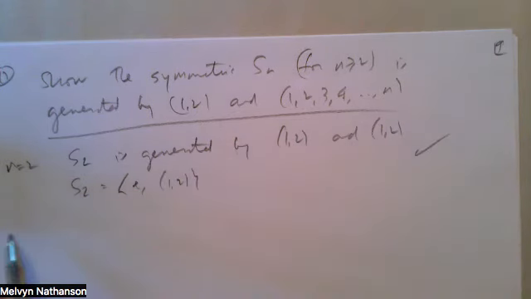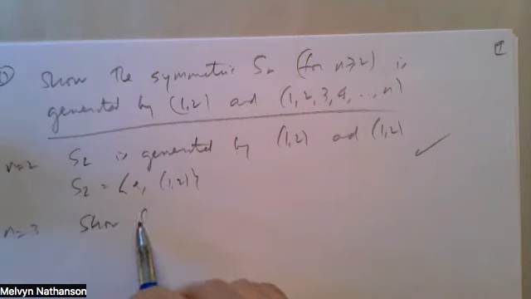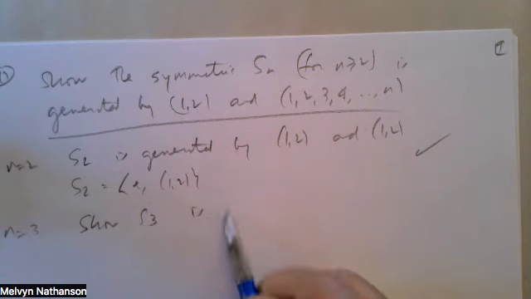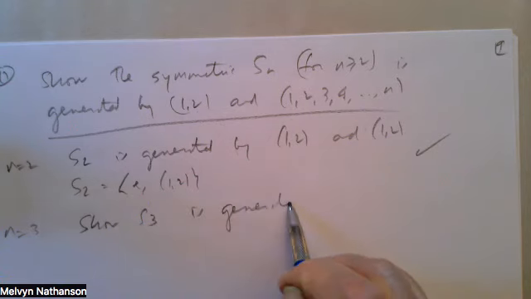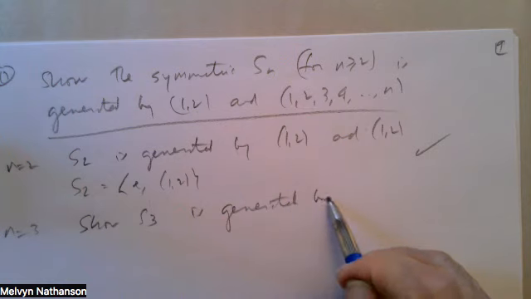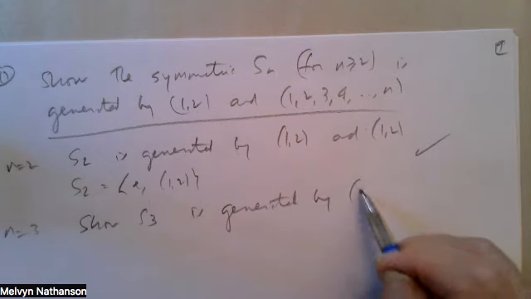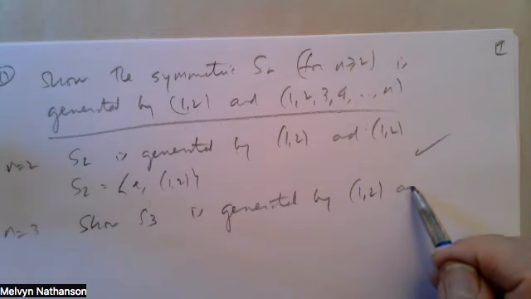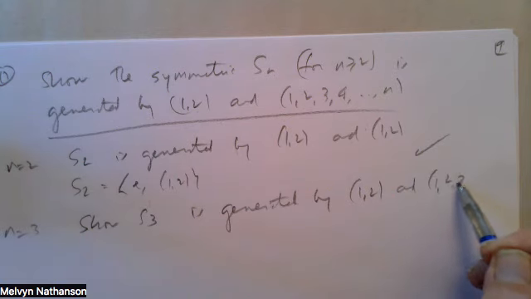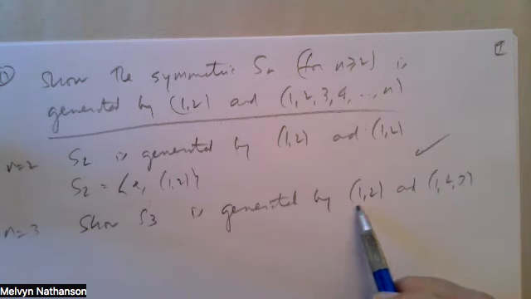So that's certainly true. What about for n equals 3? We want to show S_3 is generated just by the transposition (1 2) and the cycle (1 2 3). So any subgroup that contains just these two permutations must contain every permutation.